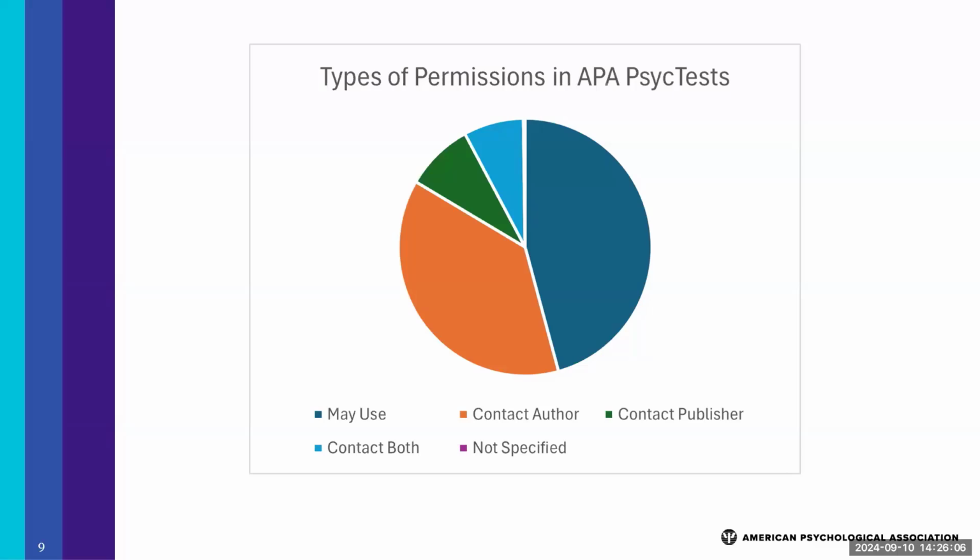So together, that's almost the whole pie between may use and contact author. The two smaller slices are contact publisher and contact both. And the final little permissions case, not specified, is extremely rare. It's only about 1 in 450 records. So you may well never stumble upon it, even if you are an avid PsycTests user. So acknowledge that it's there, but it's unlikely that you're going to find many records that use that permission.